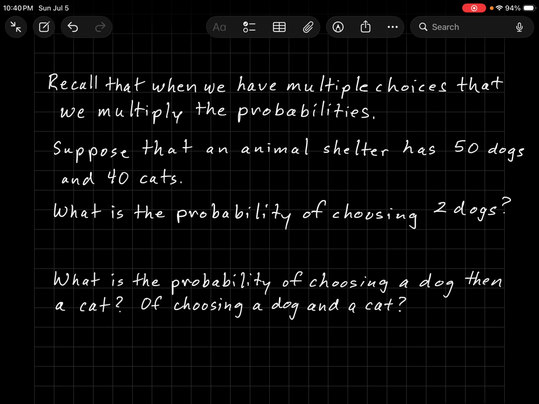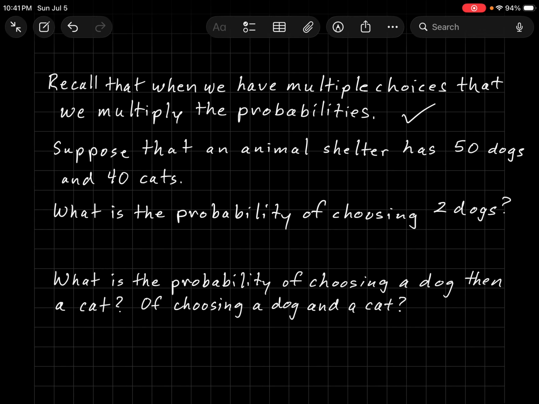So I'm going to answer these questions without formulas, without notation necessarily, at least not formal notation. I'm just going to put the answers down using common sense and the fact that when we have multiple choices or multiple events, we're going to multiply the probabilities.